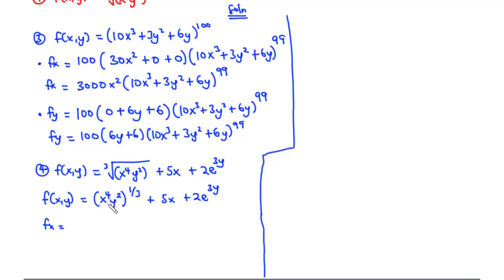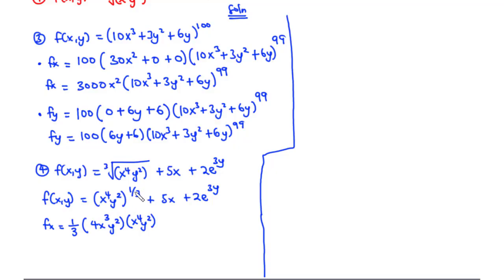applying the shortcut method for chain rule here, we are going to drop down the exponent 1 over 3. We differentiate what we have in the bracket with respect to x, so that becomes 4x cubed times y squared, and then we are going to repeat this same thing, that is x to the power 4 y to the power 2, and then we reduce the exponent by 1.